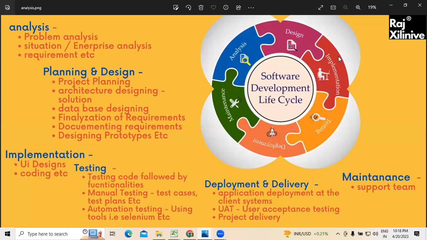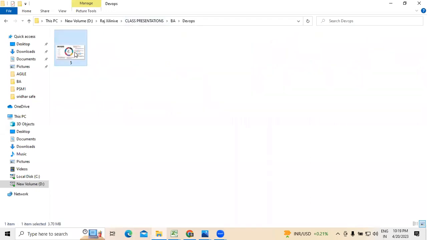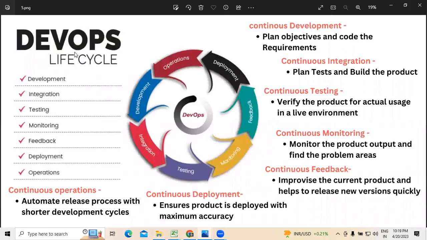In order to avoid this, what usually we have introduced nowadays is called the DevOps environment. This is how usually the DevOps environment is. You can see, this is what the DevOps life cycle is.